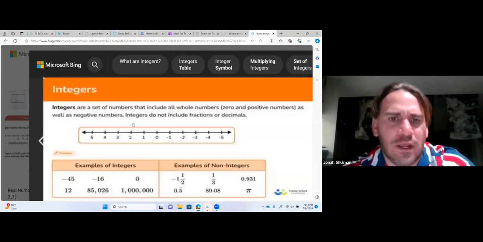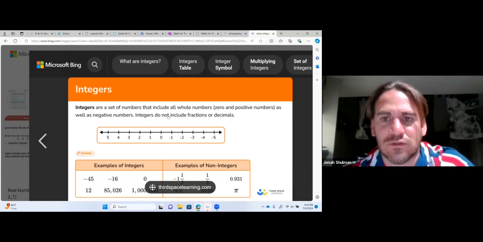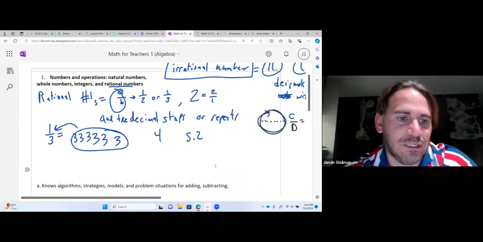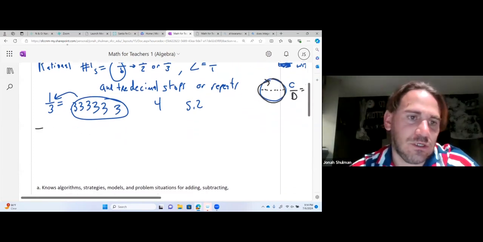Integers are a set of numbers that include all whole numbers, 0 and positive integers, as well as negative numbers. Integers do not include fractions. That's what I thought. But I just like to double check, especially when we're looking at definitions.